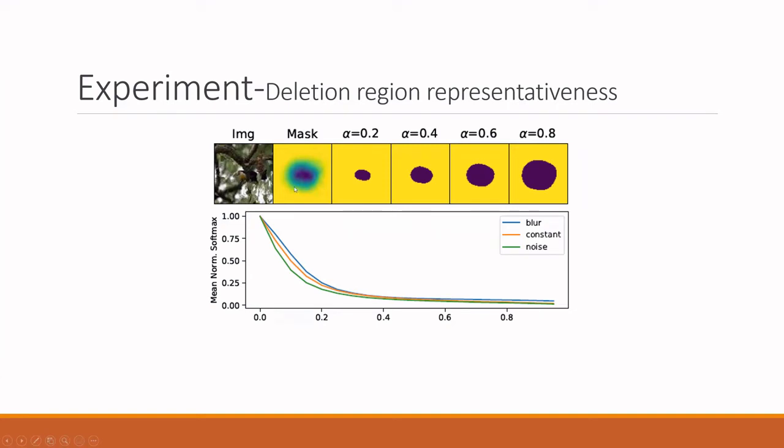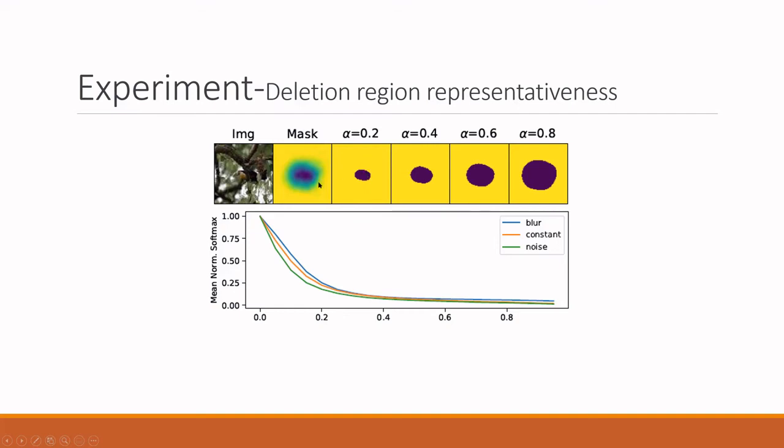This is a mask they generate. If we set a threshold, like alpha equal to 0.2, we set all the purple region to 0 and the yellow region to 1. So we can think about that.